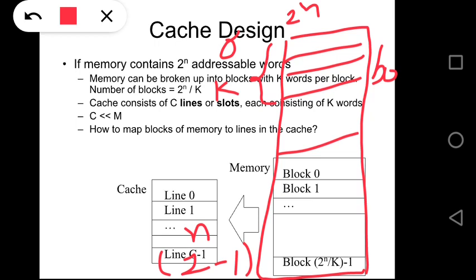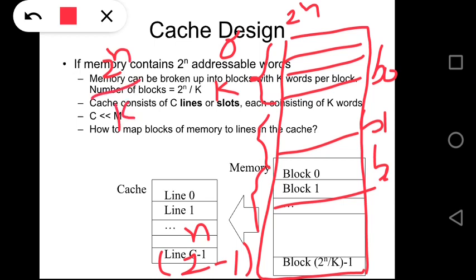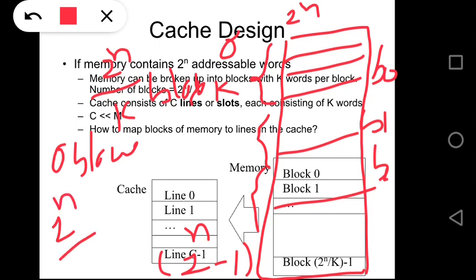Next, again next k words, block 1. Next block 2. Like that, how many blocks? Total words are 2 power n, dividing them by k, grouping, so 2 power n by k blocks will be there. But what about their address? If I give a number to the block, first is block 0. Since I am starting from 0, the last block address would be 2 power n by k minus 1. Simple.